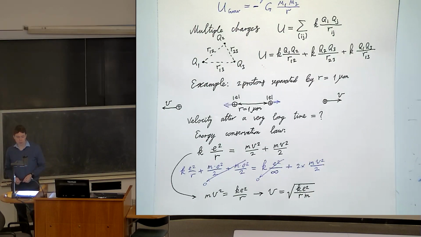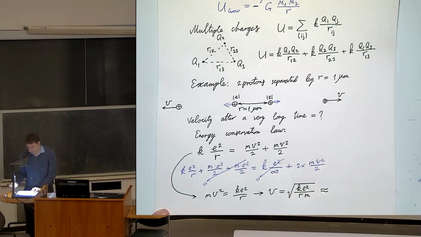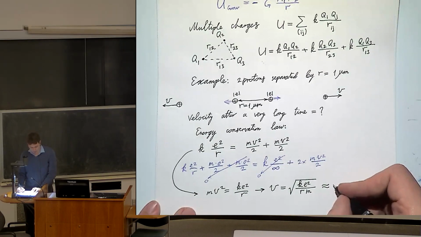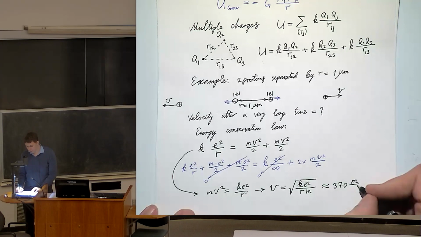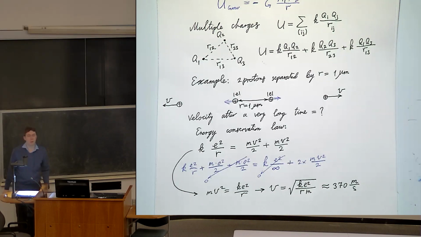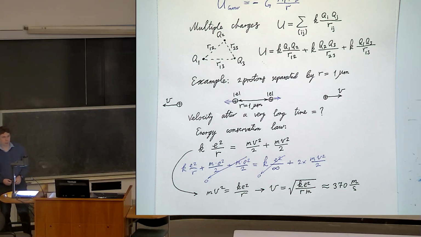And if we plug in the numbers and do the calculation, we find a velocity of 370 meters per second. That's the velocity that 2 protons initially separated by about 1 micrometer will acquire as a result of interacting with each other. Yes?